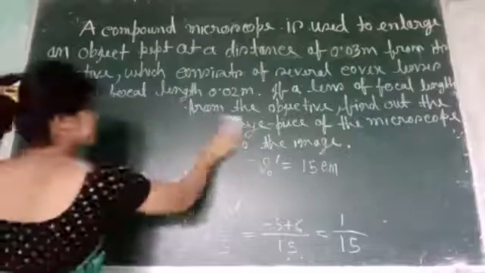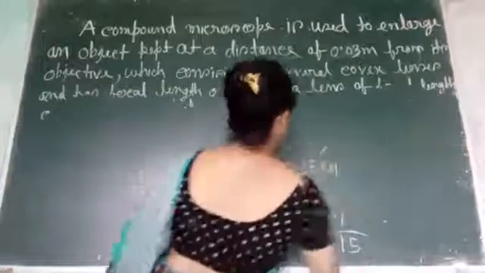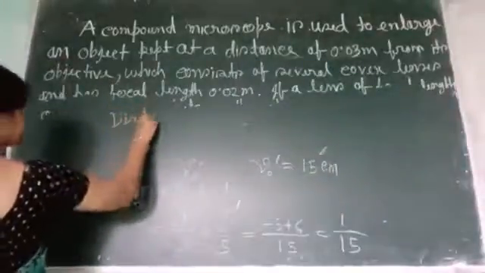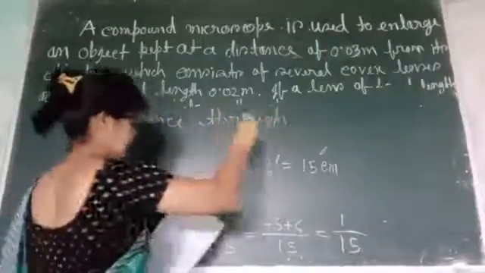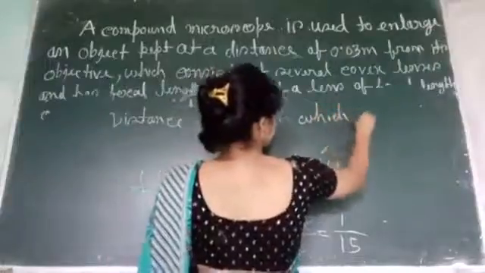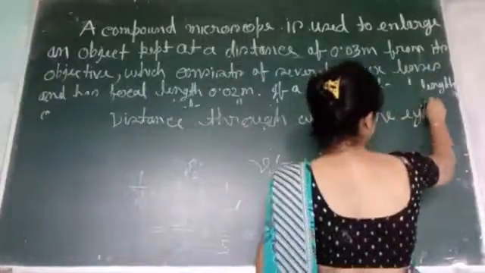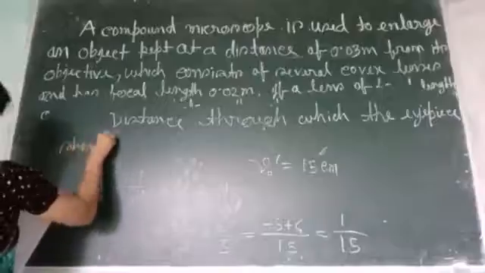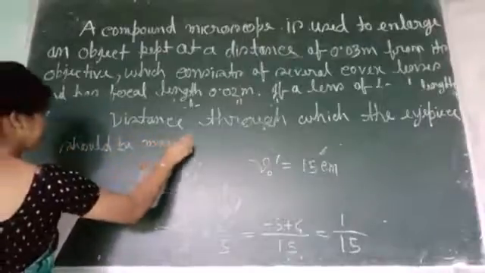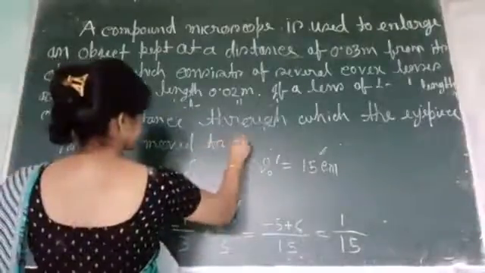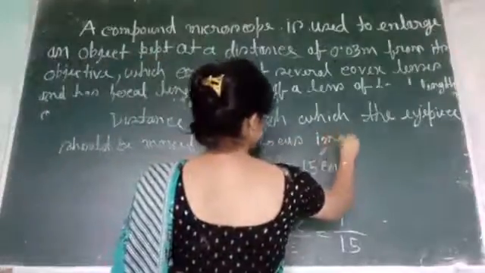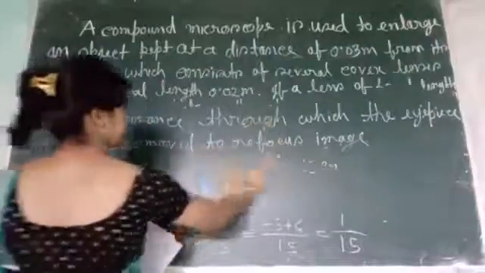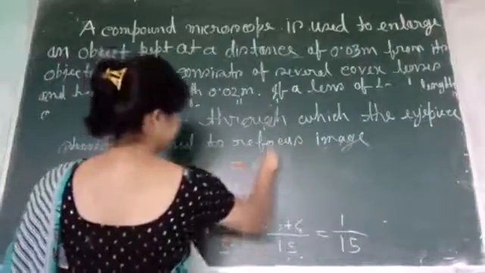So the distance through which the eyepiece should be moved to refocus the image is equal to V naught dash minus V naught.